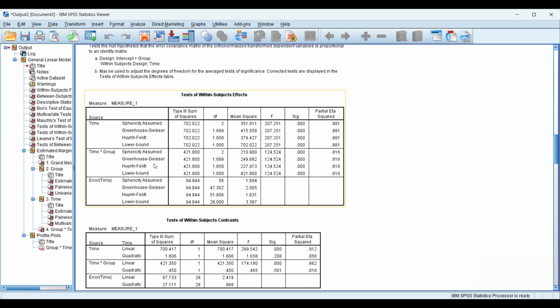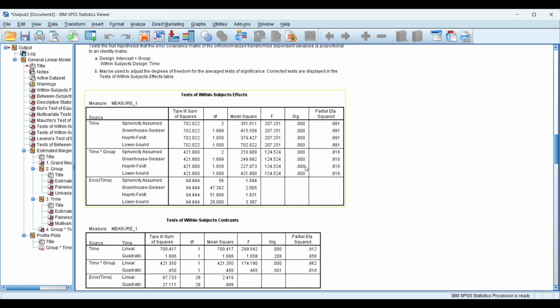Additionally, you can see the interaction impact is also significant because the p-value is less than 0.05. This indicates that the change over time varied significantly between the control and treatment groups.